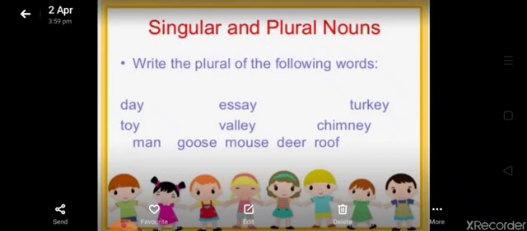Do you remember? Because before y we have vowels. So we have to write only s to make the plural. Now man, men; goose, geese; mice is the plural form of mouse; deer; roof, roofs. So these are the exercises. We have to practice them and learn them.